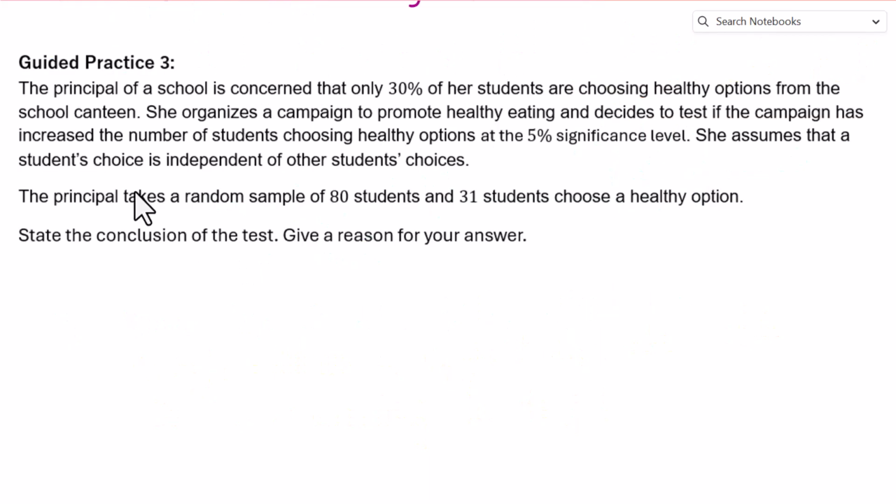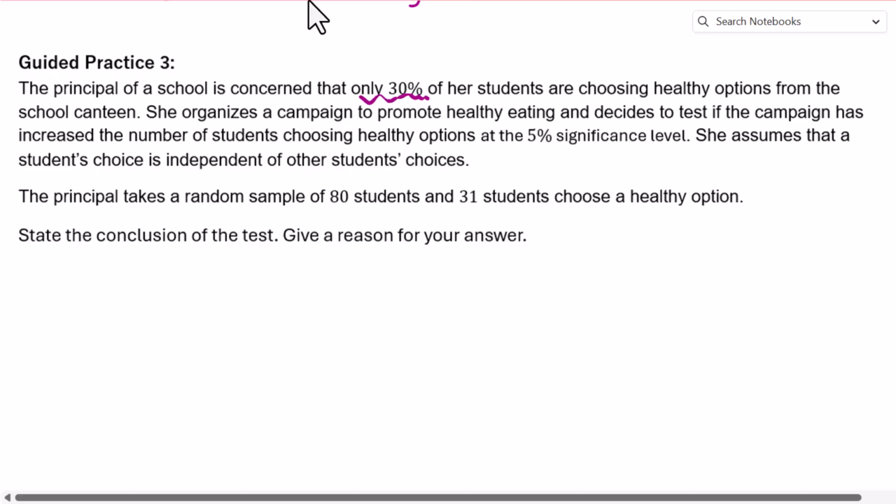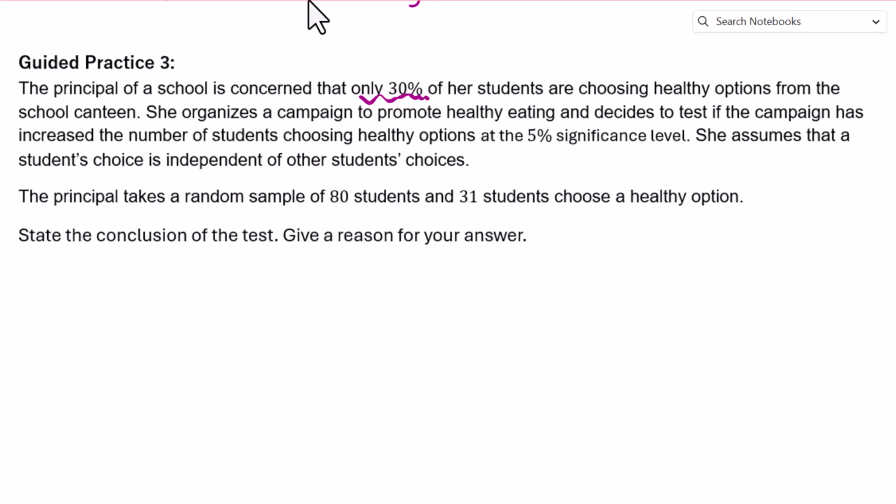Guided practice 3. The principal of a school is concerned that only 30% of her students are choosing healthy options from the school canteen. She organizes a campaign to promote healthy eating and decides to test if the campaign has increased the number of students choosing healthy options at a 5% significance level.